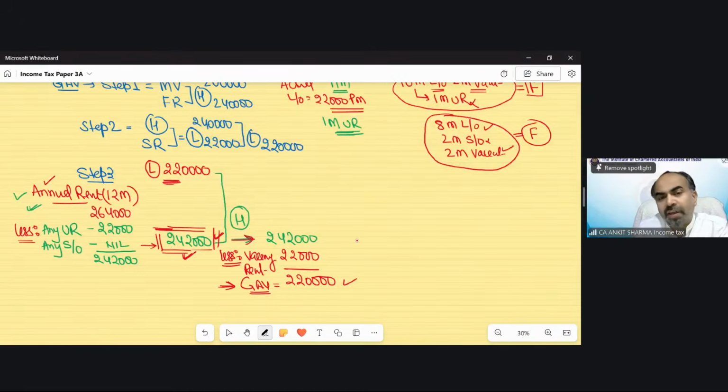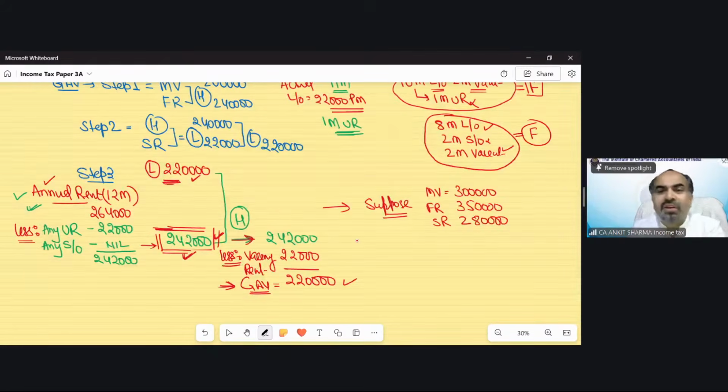But suppose the higher is the other one. I am changing the question. Suppose municipal value is 3 lakh, fair rent is 3,50,000, standard rent is 2,80,000.